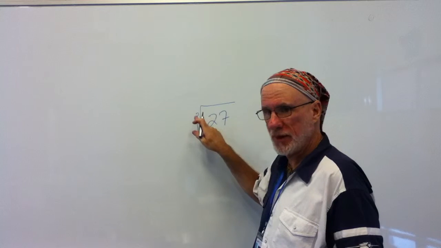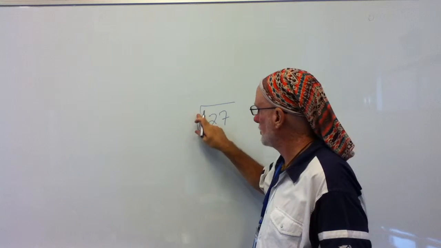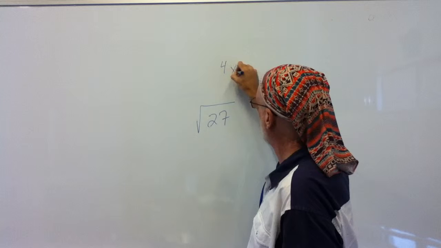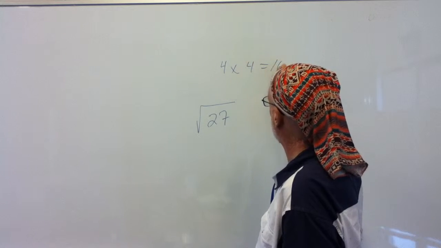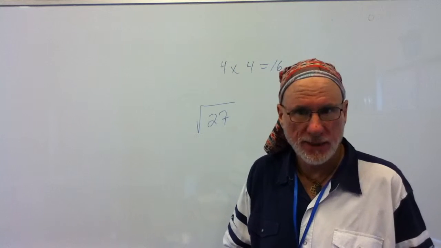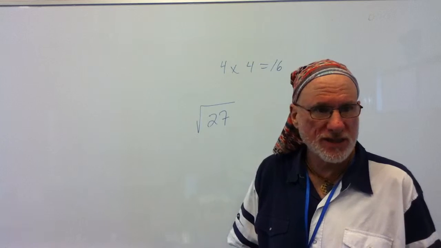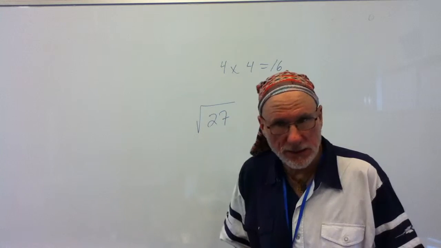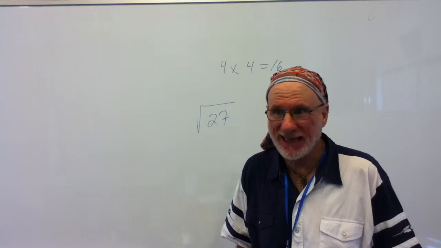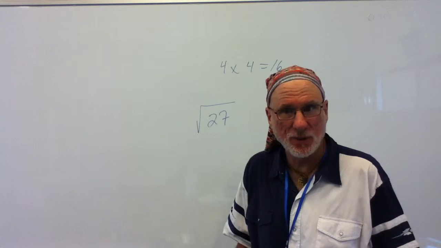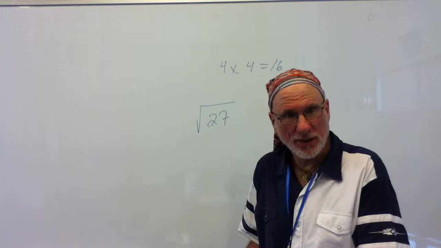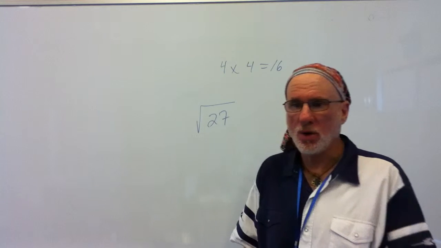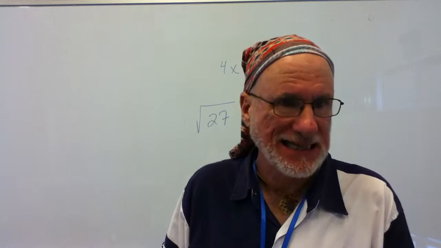So a square root, for instance, if I said to you, 4 times 4 is 16, what's the square root of 16? 4. So square root means what number multiplied by itself will equal the value in question.